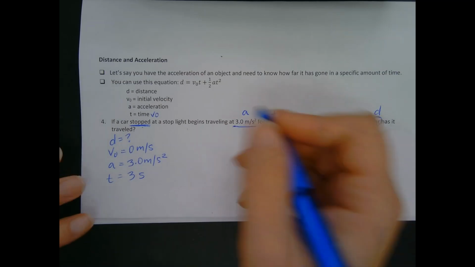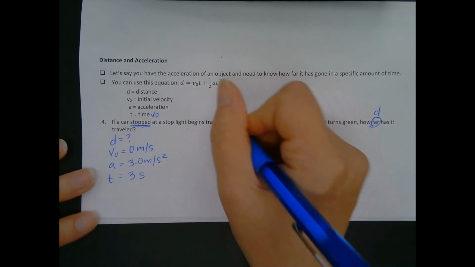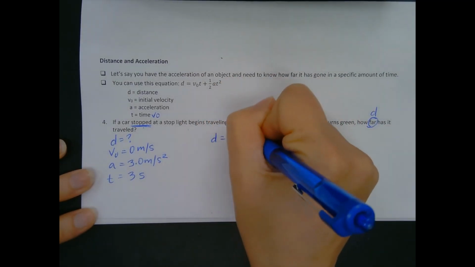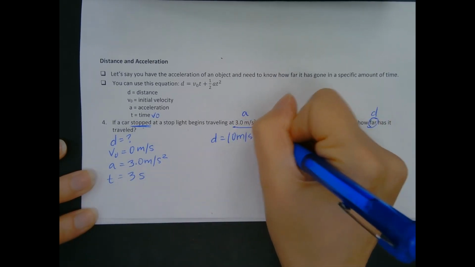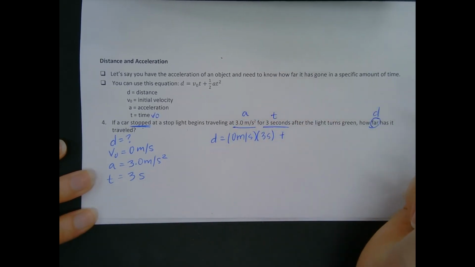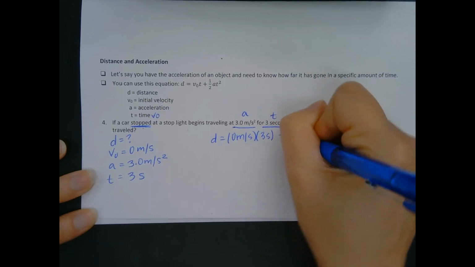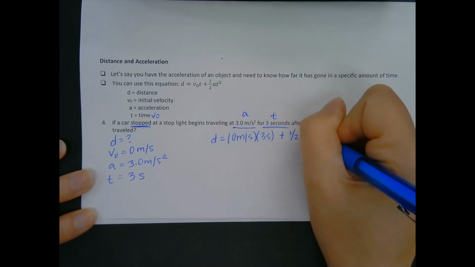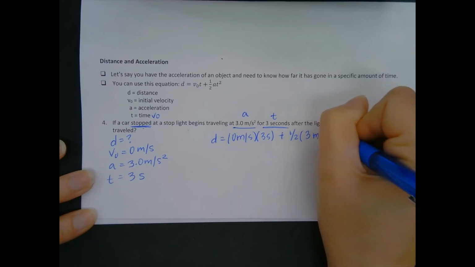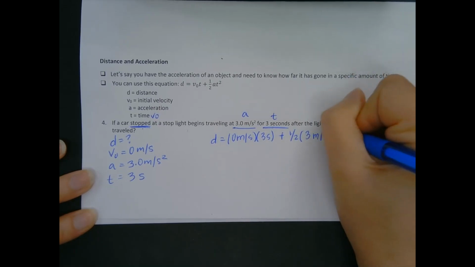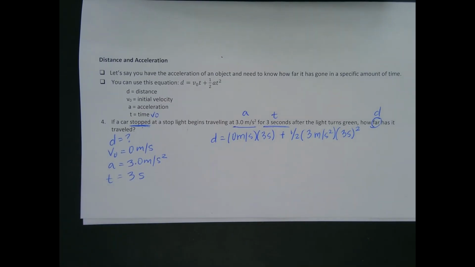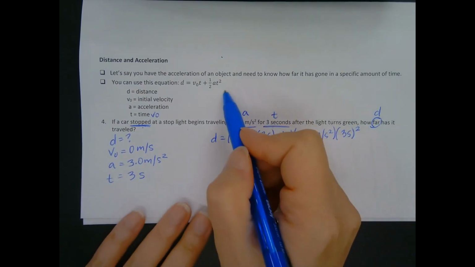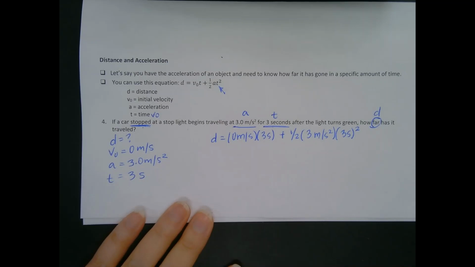So now I just plug it in. Distance equals my initial velocity, so 0 meters per second, times my time, which is 3 seconds, plus 1/2 of my acceleration, which is 3 meters per second squared, times 3 seconds squared. Okay, so all I did was plug in what I've got into this equation right there.